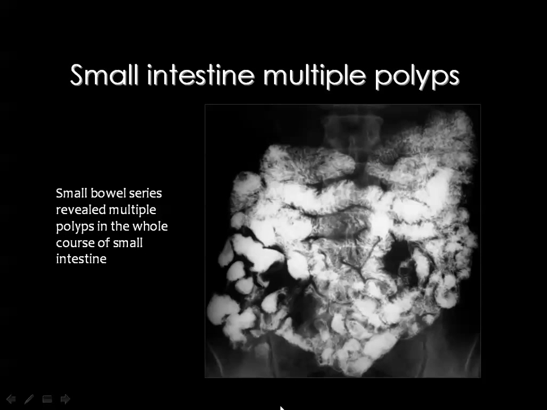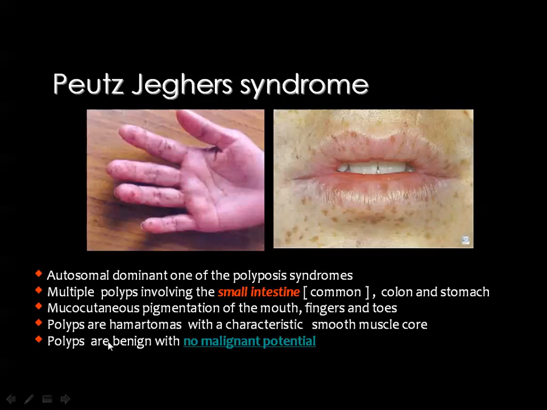And in this case, you can also see some polyps as filling defects within the small bowel, and actually the detection of polyps may be difficult, especially if you don't use the double contrast study.